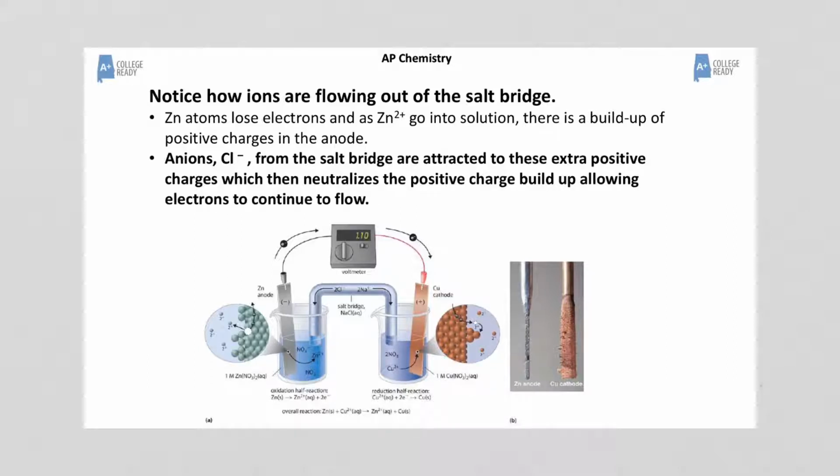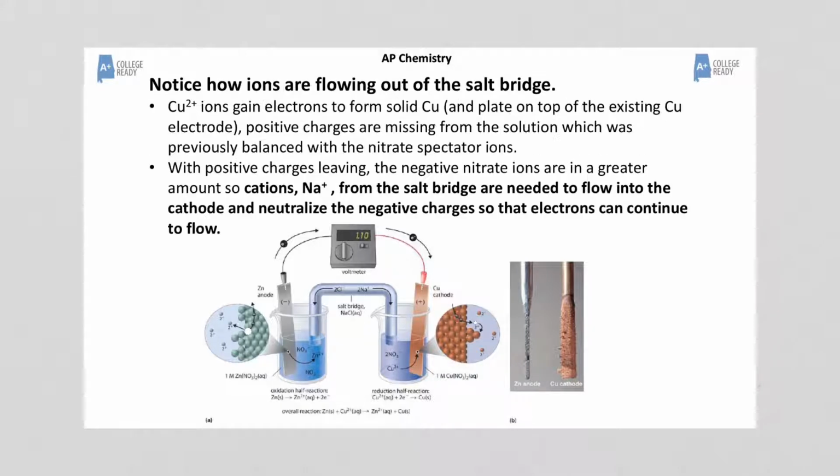So again, it's a good general statement, cations to the cathode, anions to the anode. But if you're asked to explain that, especially in a free response, you need to mention the specific anion that's flowing to what you're saying is the anode. In this case, it was zinc, and the specific identity of the cation and the identity of the cathode, in this case, copper.